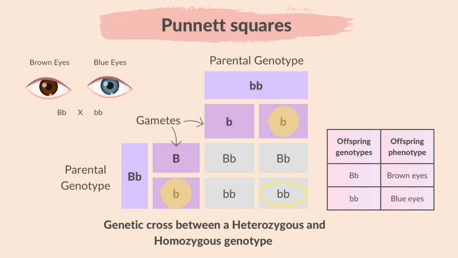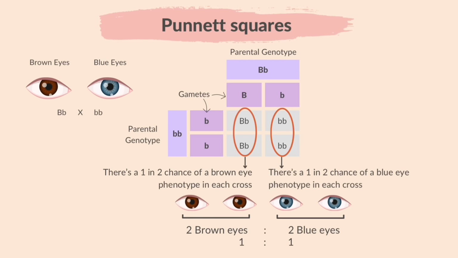And here once again we will have small b, small b. In this cross, there is a 1:1 ratio of brown to blue eyes, meaning a 50% chance of the offspring having brown eyes and a 50% chance of the offspring having blue eyes.